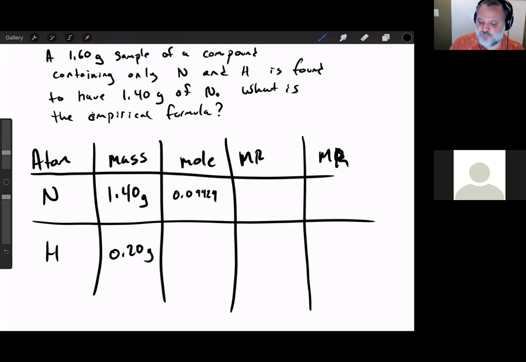Same thing for hydrogen, 0.2 divided by 1.008. I get 0.1984. So let's take the smallest value, which is the first one, and divide it by itself. I'll get 1. But then 0.1984 divided by 0.09929, I get 1.998. Am I done?